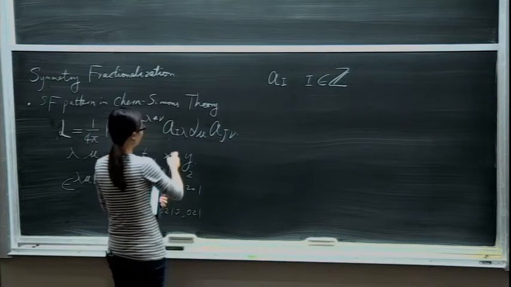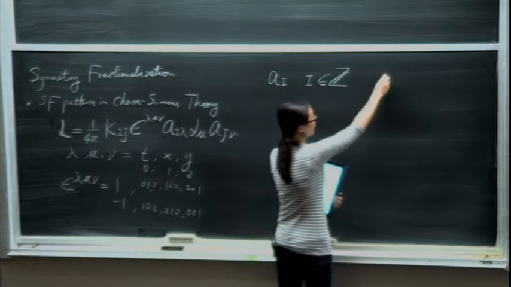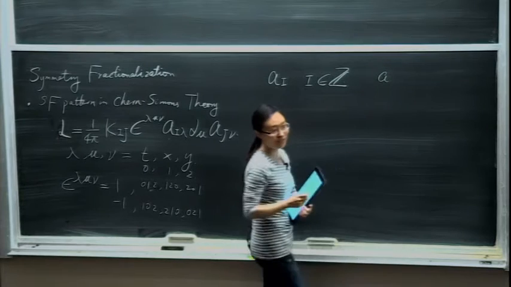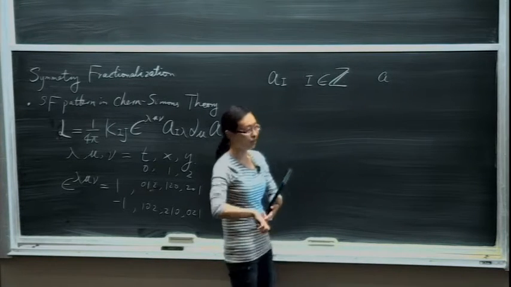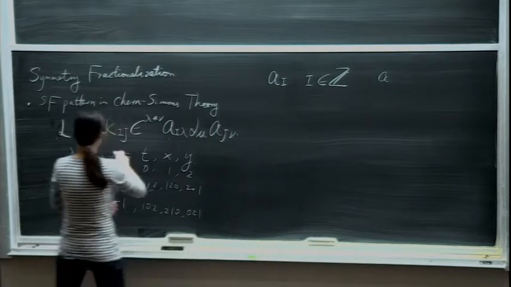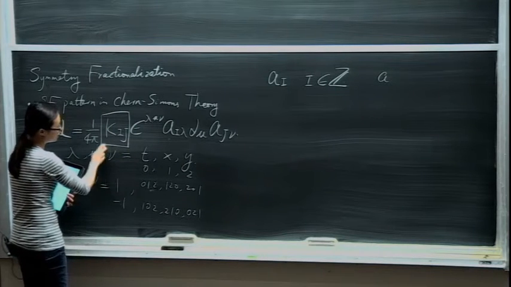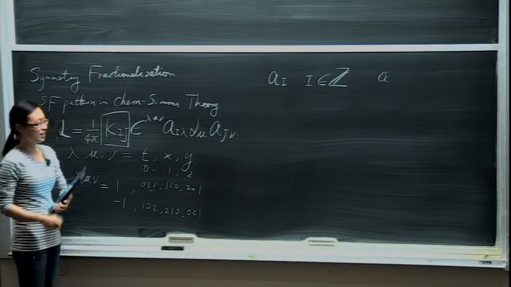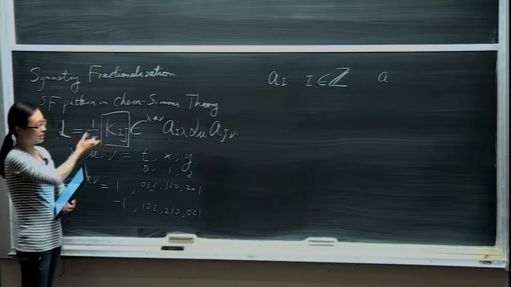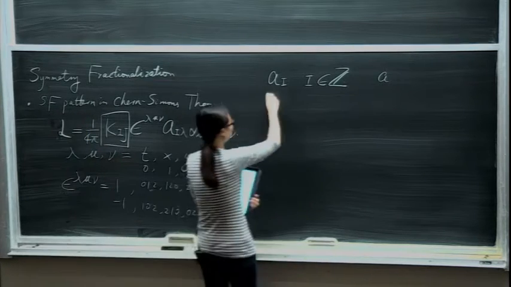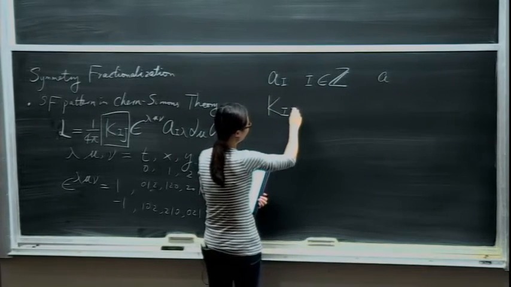If I just write A, you should consider that as a vector of U(1) gauge fields. This K contains the most information in this Lagrangian. This is an integer matrix.